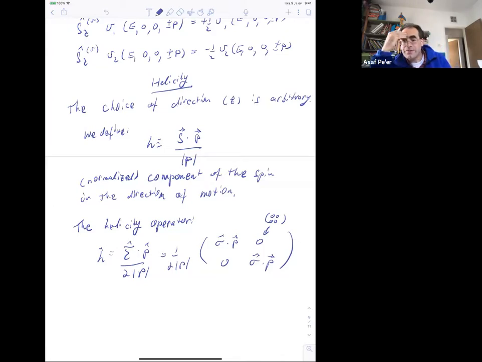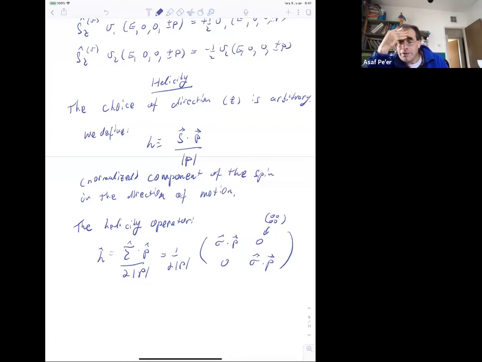What's the advantage of the helicity? It has several advantages. So we said one, it's much more natural to use helicity rather than spin, right? Because the direction of the z is just completely arbitrary. But we have something which is much more important, and that is that the helicity does commute with the Dirac Hamiltonian, while the spin operator does not commute with the Dirac Hamiltonian.